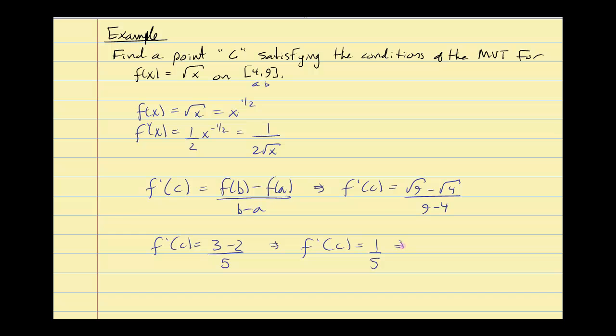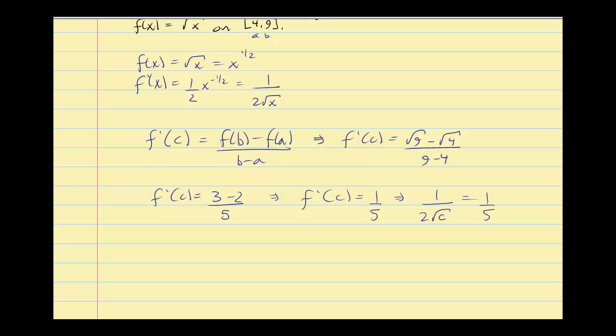Now remember, from up above, f prime of x was 1 over 2 root x, so f prime of c is going to be 1 over 2 root c, and this is equal to 1/5. However you want to solve this, you can cross multiply, but another way to think about this is the numerators are already equal, so I can just equate the denominators. If you cross multiply, you'll get the same equation.